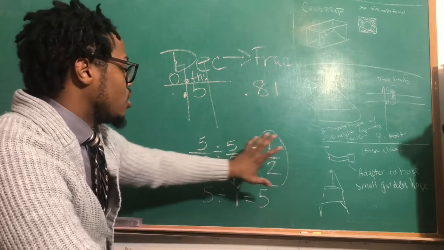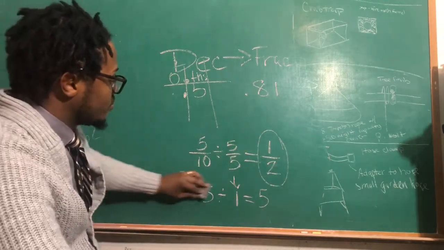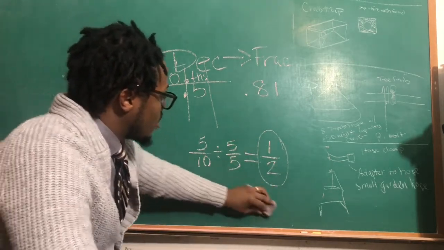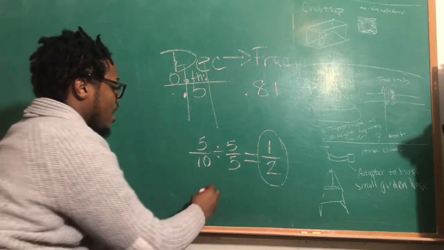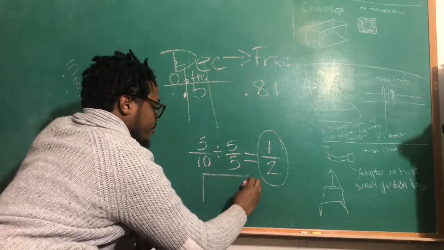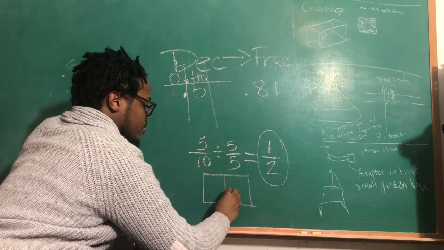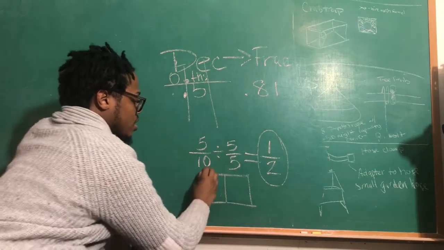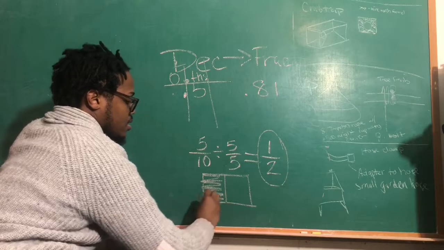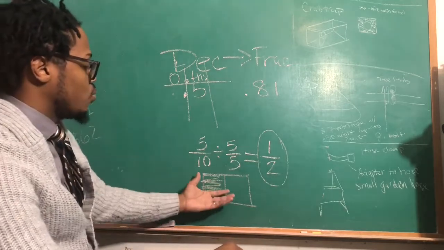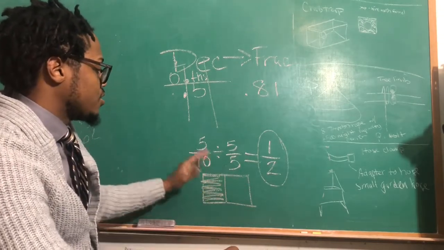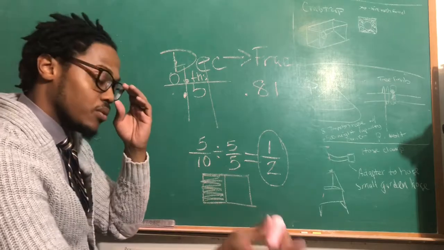The way I know this to be true, just real quick, is if I were to take 1/2, just like so, shade it in like this, and then ask myself, well, would that be the same value if I turn this into tenths? We'll take a look.